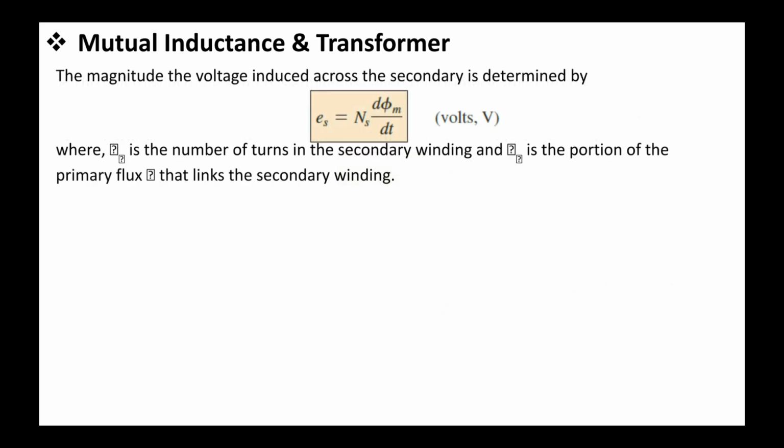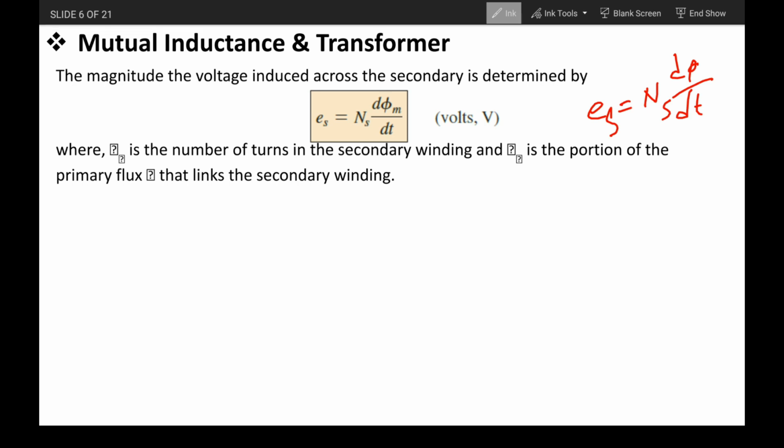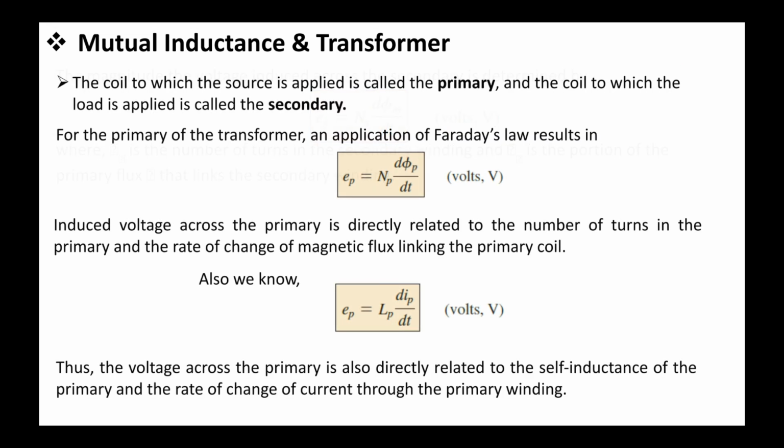Moving on, similarly for the secondary, previously it was E equal to N d phi by dt. Now we are talking about the secondary, so ES and NS. What will be the phi? If we remember, phi p was generated on our primary side and phi m is the shared portion.